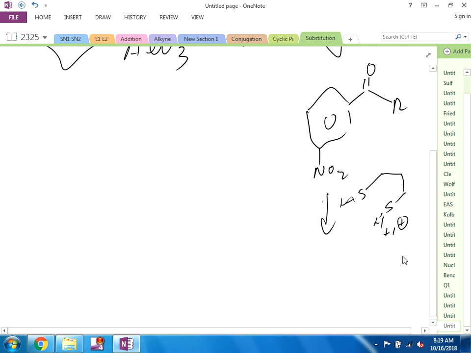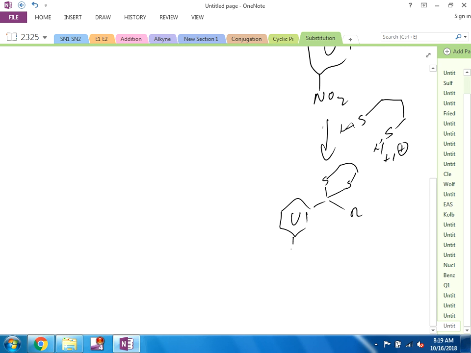We made a thiol compound, a thioacetal, and then we treated it with Raney nickel, very similar to hydrogen gas and palladium.